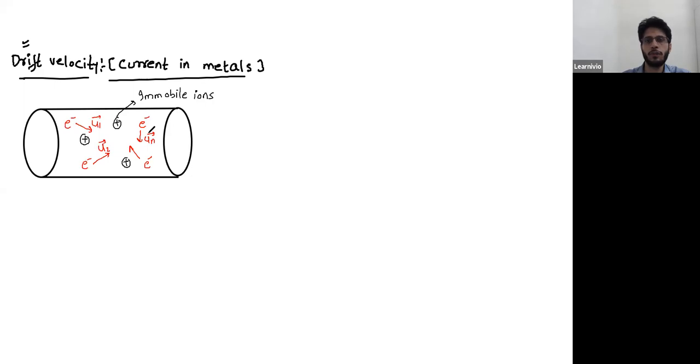At the electronic level, when you have not applied any voltage, any cell, any battery to this conductor, all electrons are in motion due to thermal velocities.